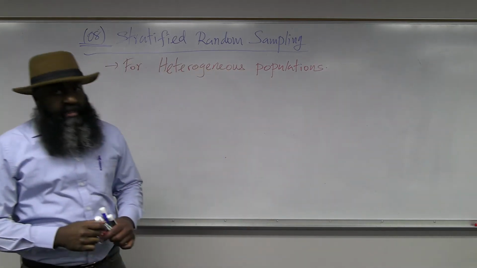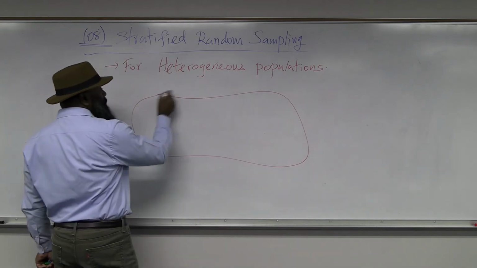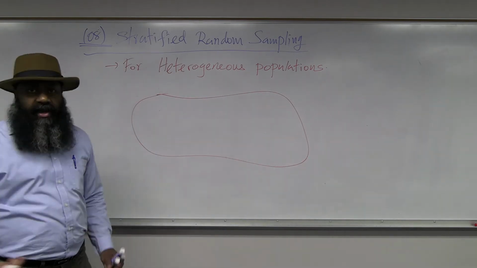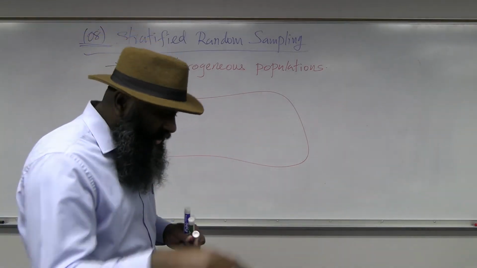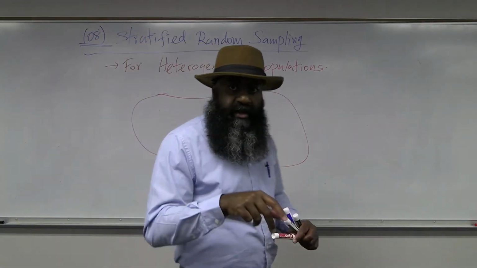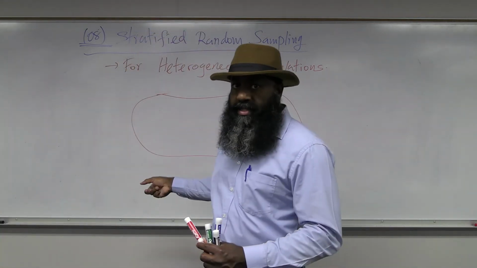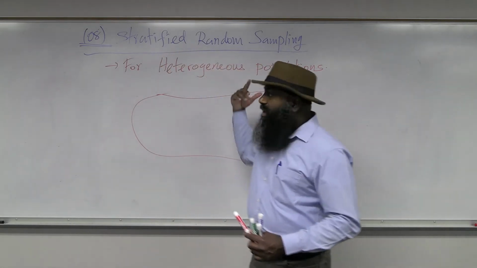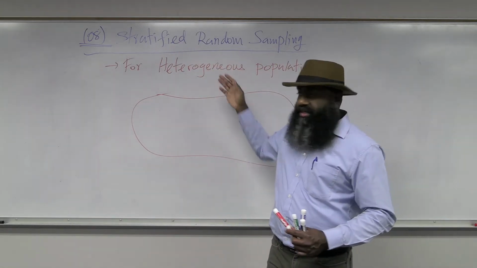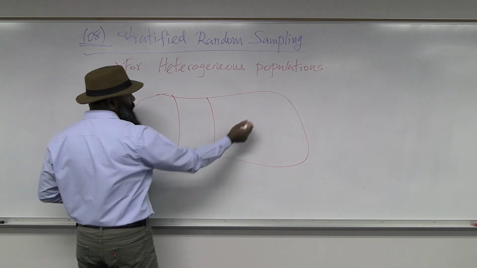Now, in a heterogeneous population, let's say this is my population, entire population, you can identify subgroups so that within each subgroup, the subjects are similar or homogeneous. But between subgroups, the subjects are different. That's why we call it stratified random sampling for heterogeneous populations. Okay? So we have subgroups.